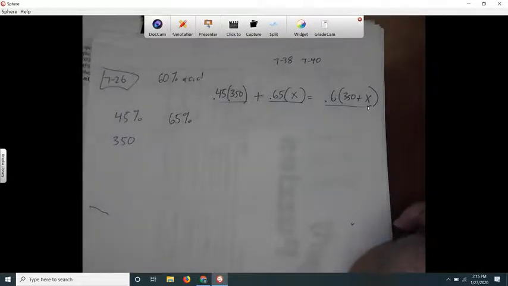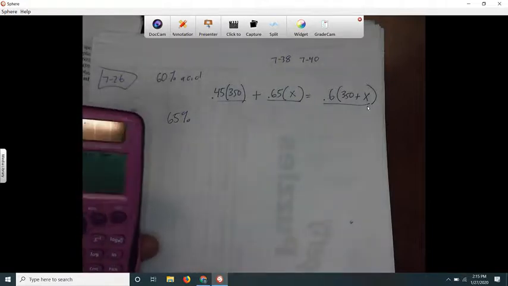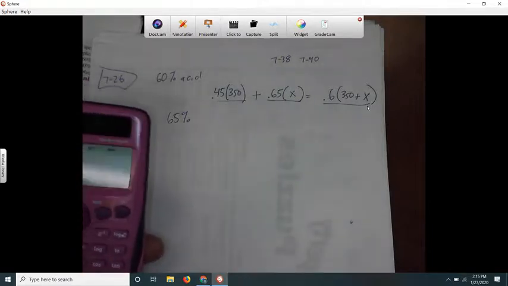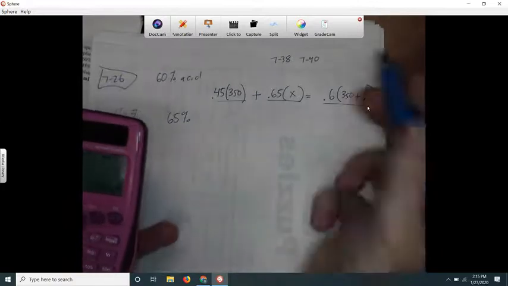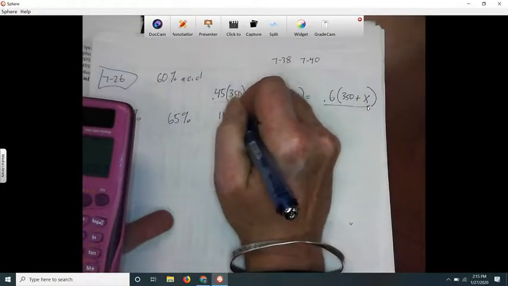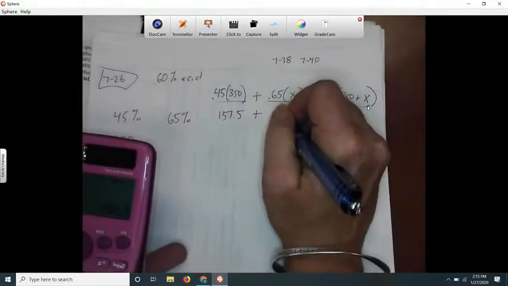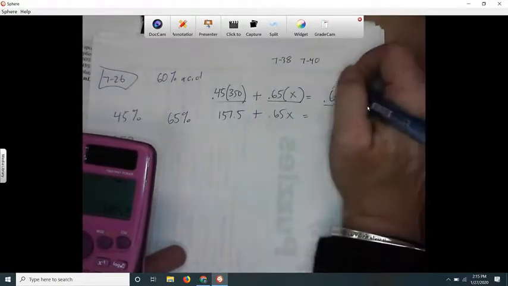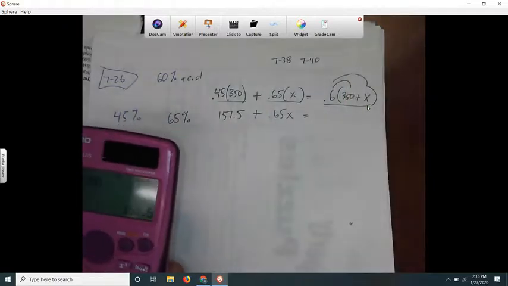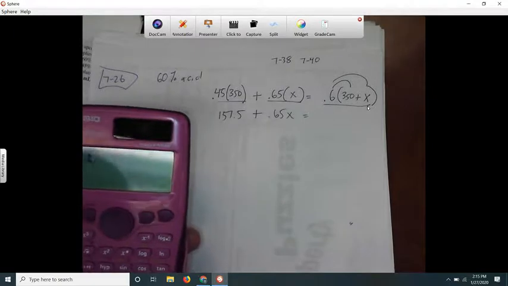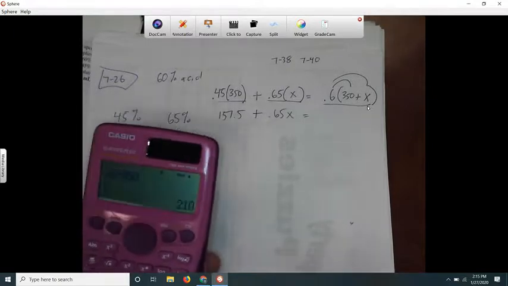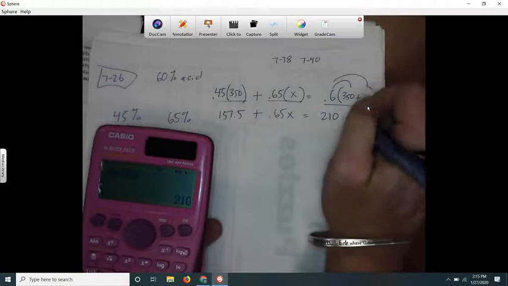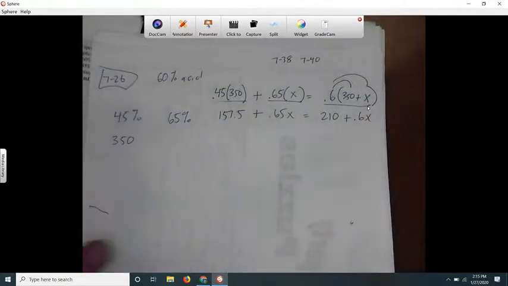So can't we? We can just do 0.45 times 350, and then 0.65 X. So 0.6 times 350, well, that's 210 plus 0.6x.